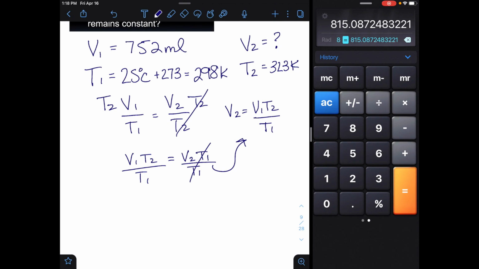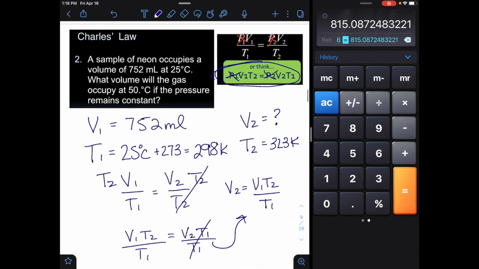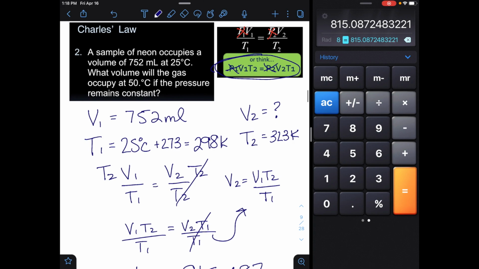So my V2 is going to equal 815.087. And again, I'm kind of showing you this for the sig figs. Go back to your original problem to figure out sig figs. Now this gets a little bit interesting because we have 3 sig figs here, but it looks like we have 2 sig figs and 2 sig figs.